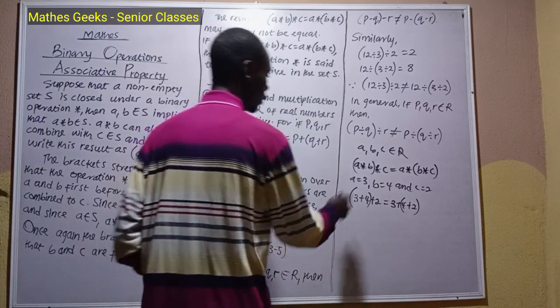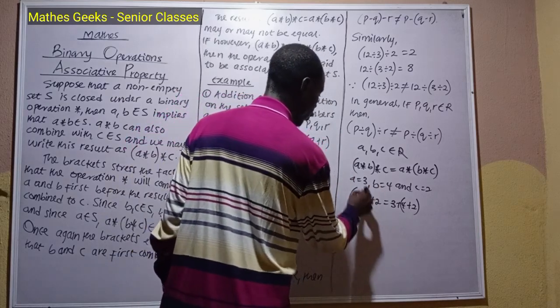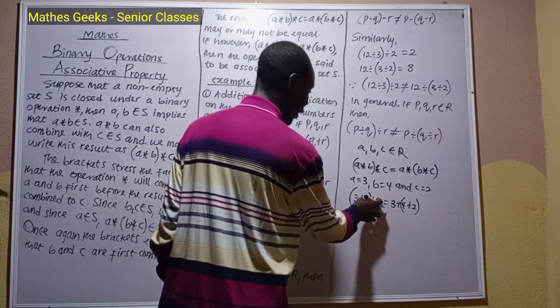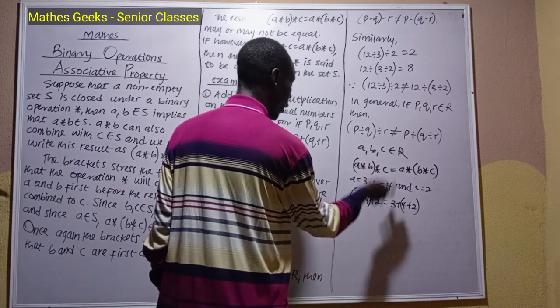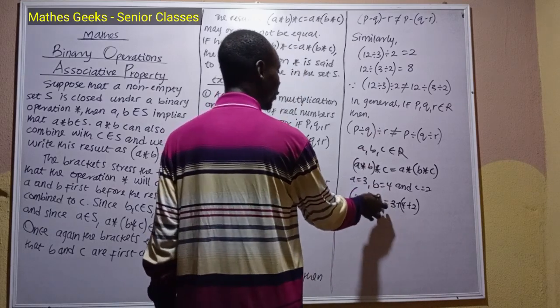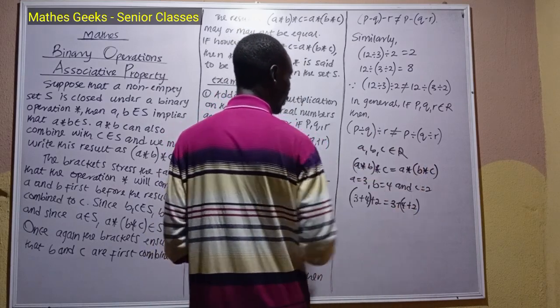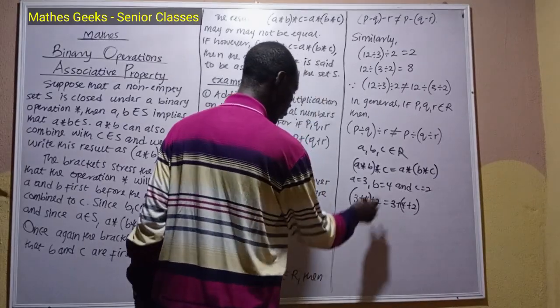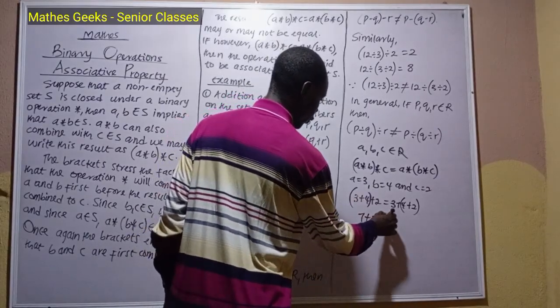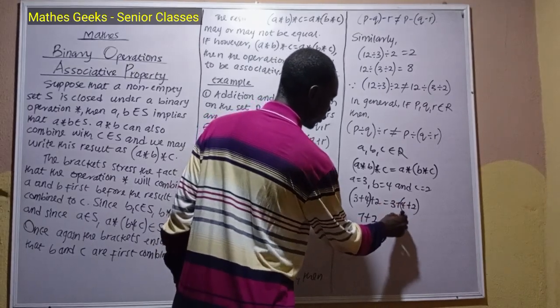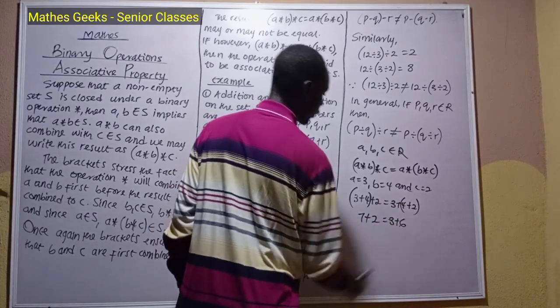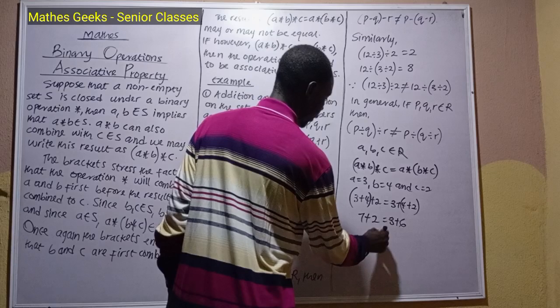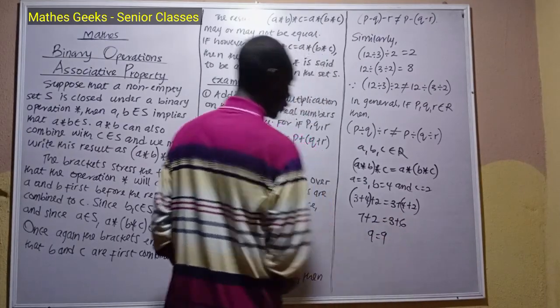So let's find out. 3 plus 4, if we start off with the first two before adding to the last member of the set R, which is the set of real numbers, gives us 7, and then plus 2, 7 plus 2 is 9. On the other hand, 4 plus 2 is 6, and 3 plus 6 is 9. What do you see?